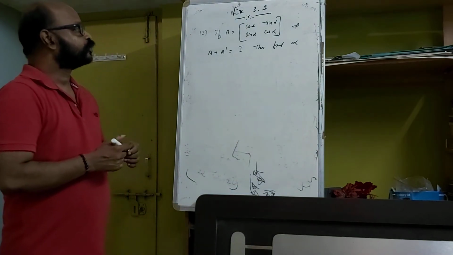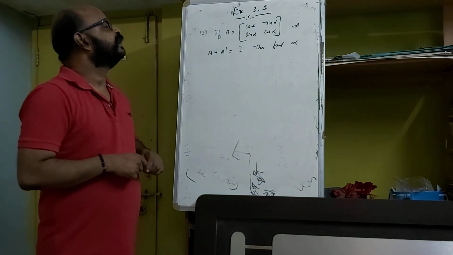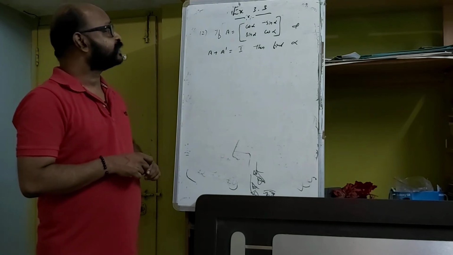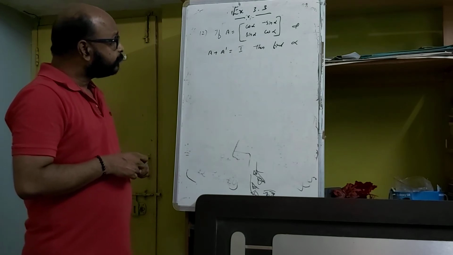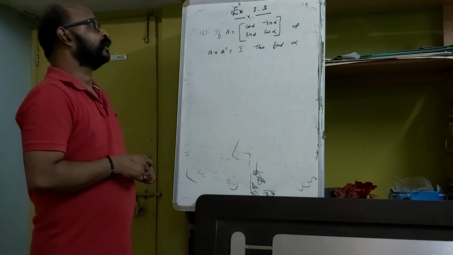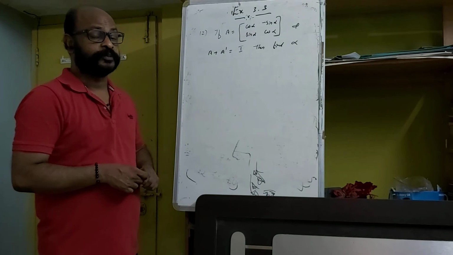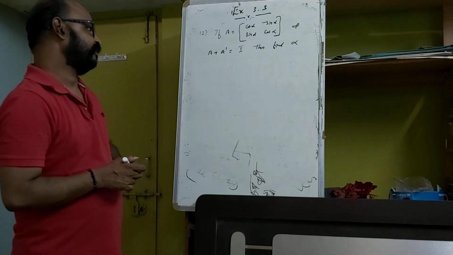Okay, so here A equal to matrix cos alpha minus sin alpha cos alpha, and A plus A transpose is equal to I. So we have to obtain the value of alpha.